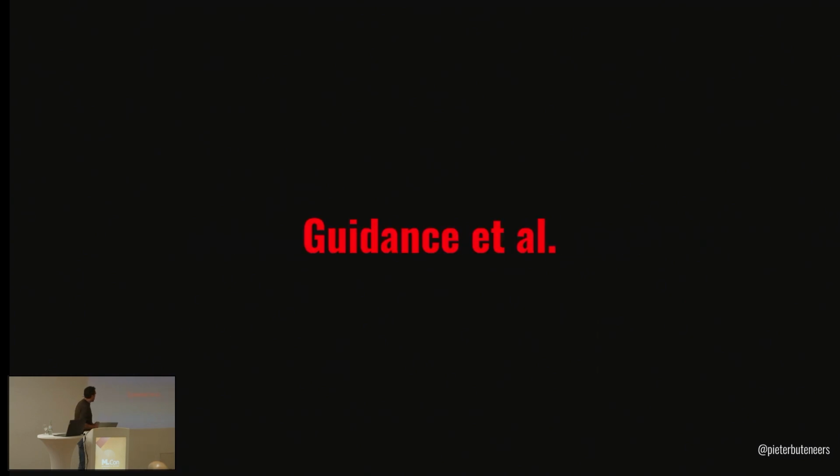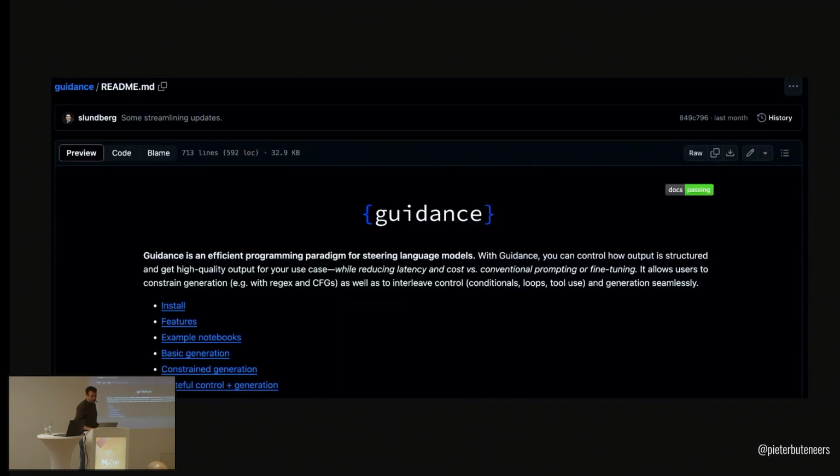There are tools like Guidance. This is one of them. You can check out their GitHub page, which actually allows you to write some code to get really structured output from LLMs.